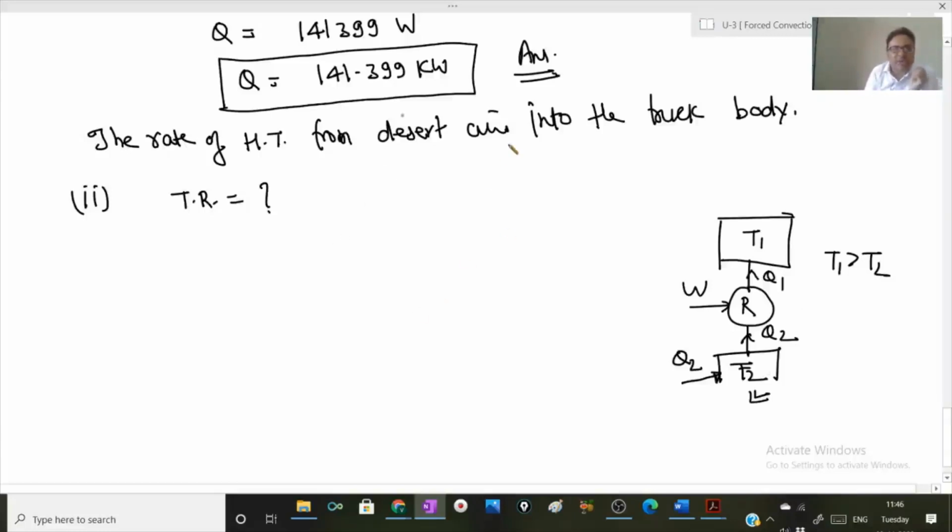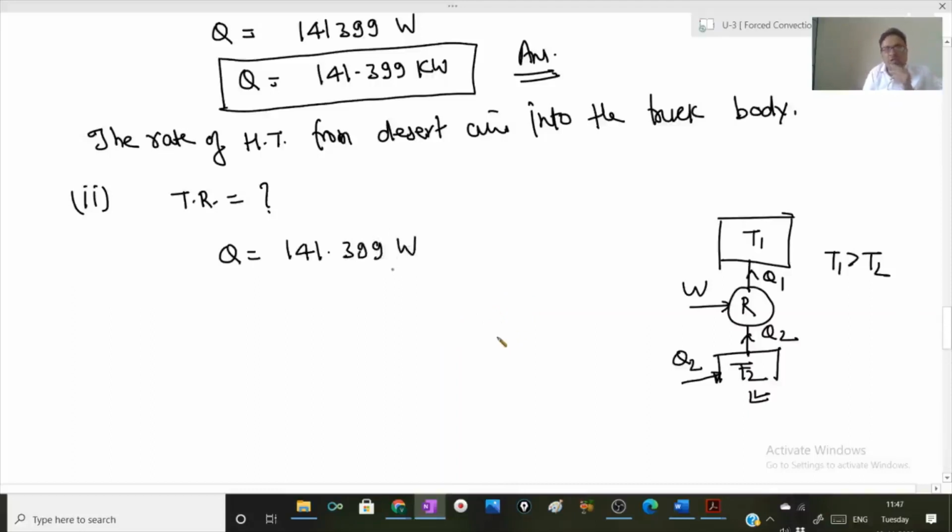So in this problem, what is happening? When the refrigerated truck is moving through the desert area, this much amount of heat is going to enter the truck body.